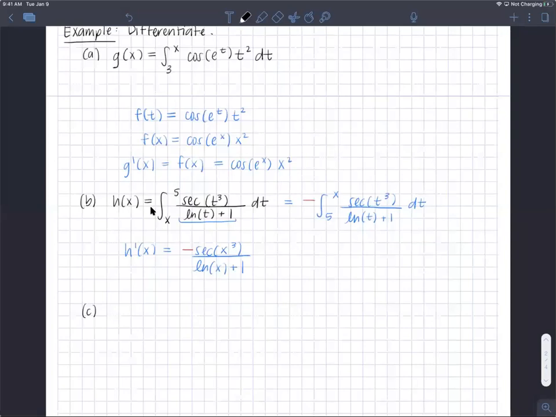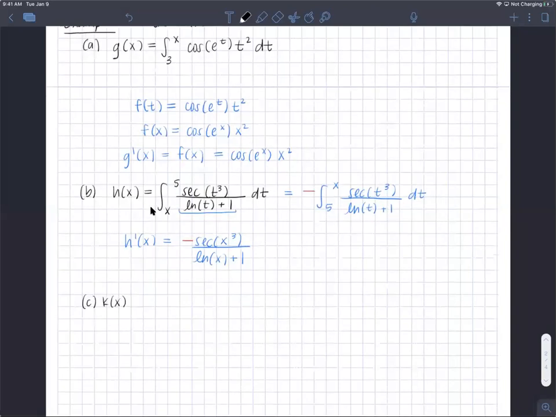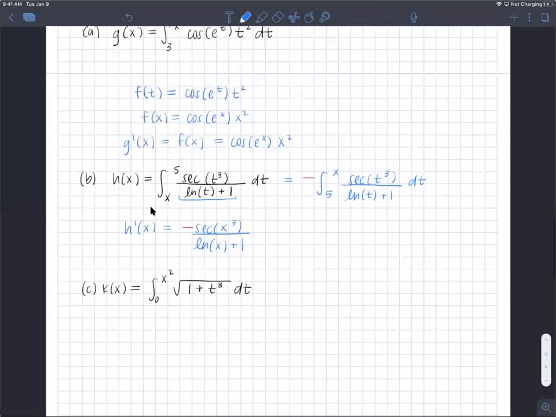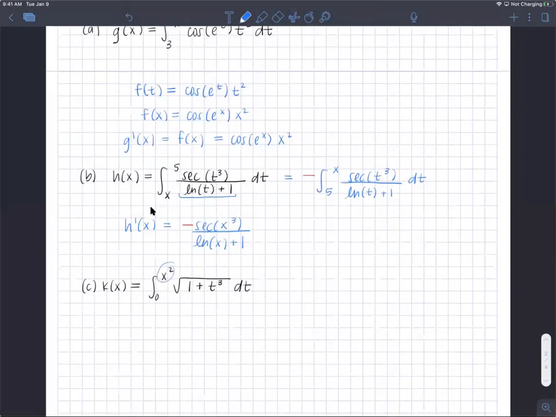But okay, so for part C, we're going to look at the function k of x, which is equal to the integral from 0 to x squared, so not x this time, but x squared, of the square root of 1 plus t cubed dt. Notice that I now have x squared instead of x.